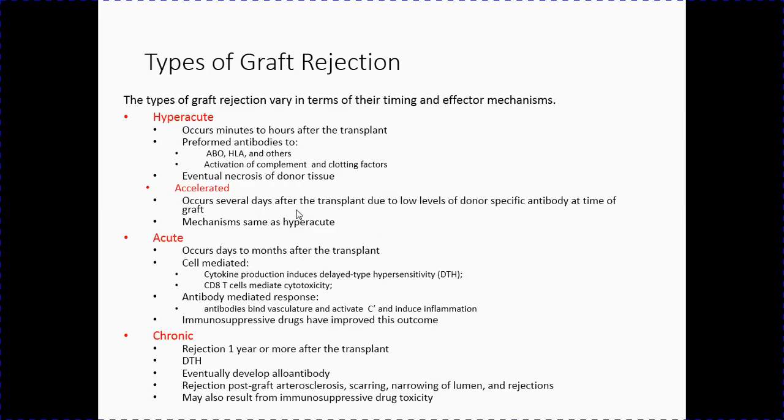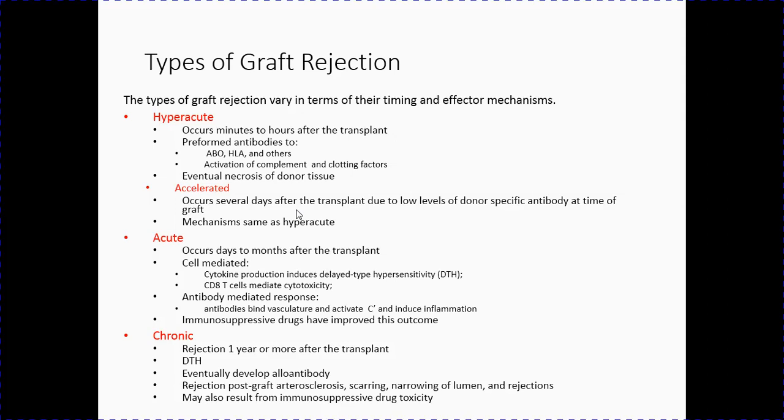So, we don't look at rejection in terms of just direct and indirect response. We look at it in terms of how fast it happens. And we saw this in hypersensitivity reactions, for example. So, the speed by which graft rejection takes place is also going to be used in our assessment of the graft rejection.